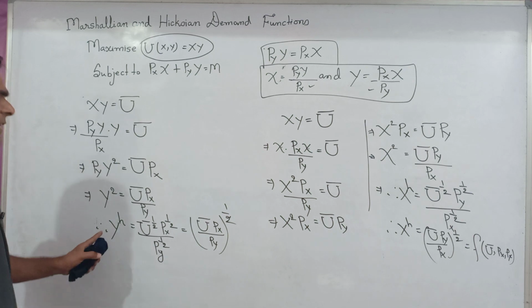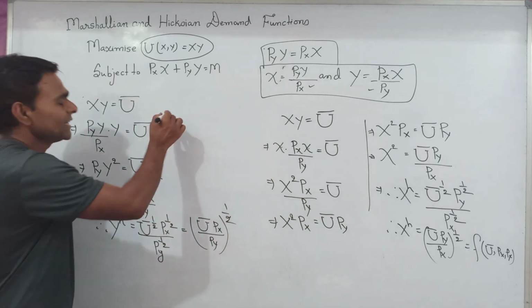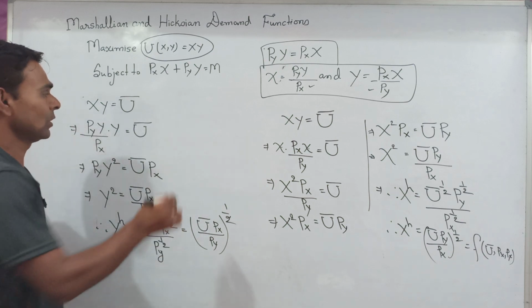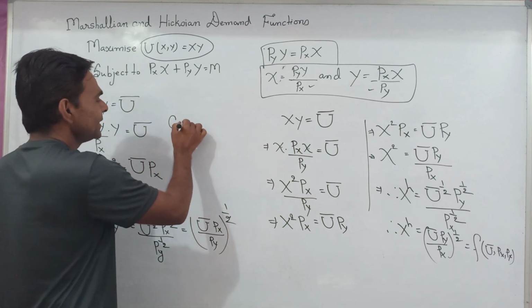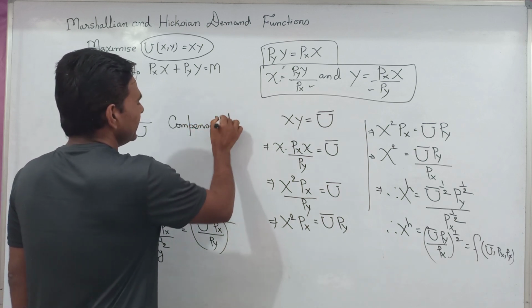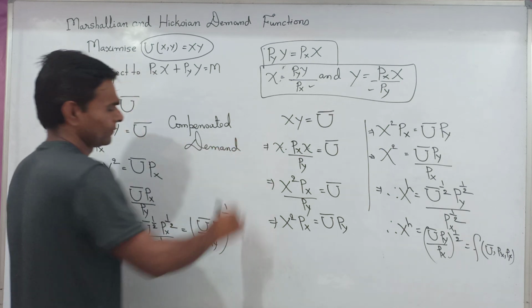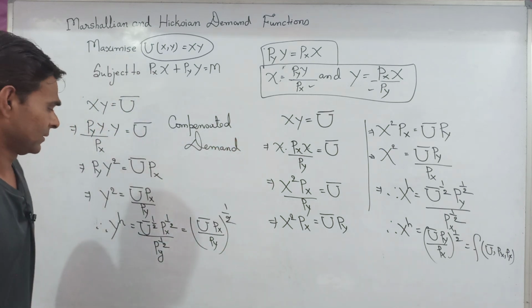This is the Hicksian demand function for commodity x and y. And the Hicksian demand function is also known as the compensated demand function. Another name is given to the Hicksian demand function.